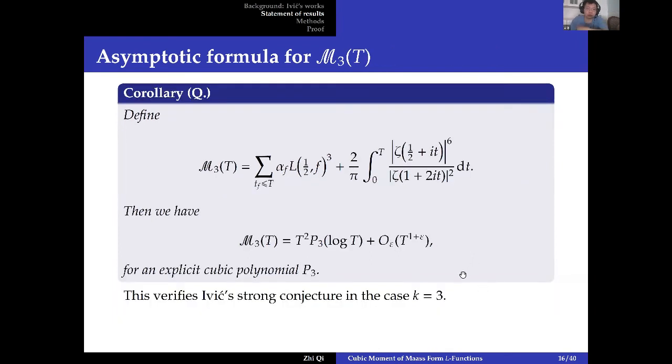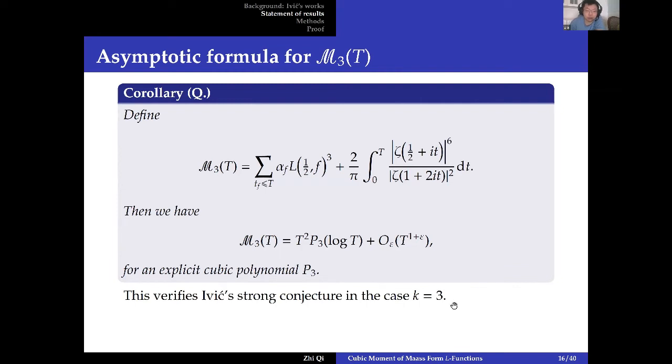Okay, so now let's come to the long interval case. In this case, M3(T), this is what we defined before. We can prove that you have a main term and the desired error term by Ivic. The error bound will be T to the 1 plus epsilon. And this is indeed the strong Ivic conjecture.